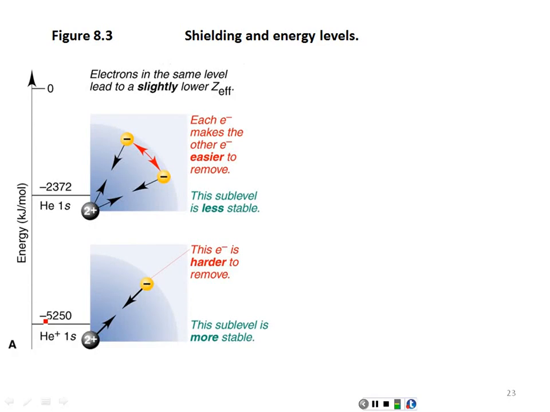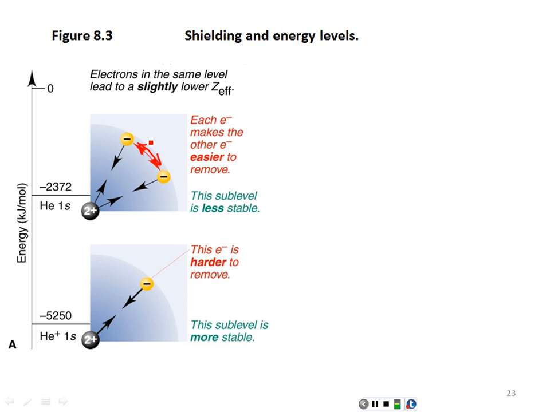Okay, let's look at an example of shielding, a graphical example, figure 8.3 in your book. Electrons in the same energy level lead to a slightly lower effective nuclear charge. And why is that? Well, the electrons are both negatively charged, so they repel each other.